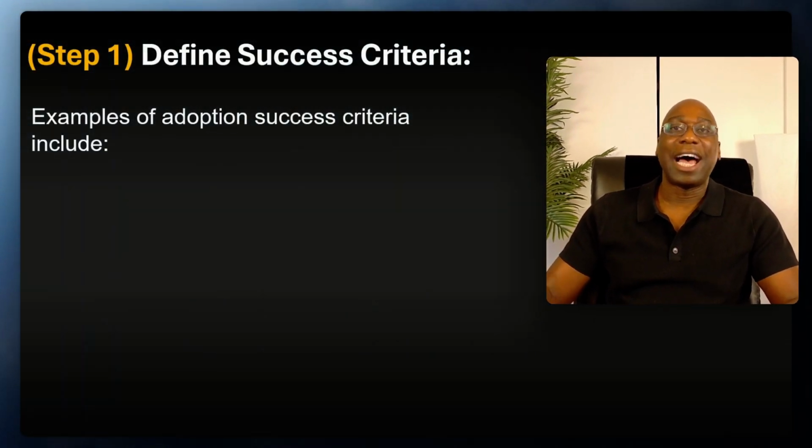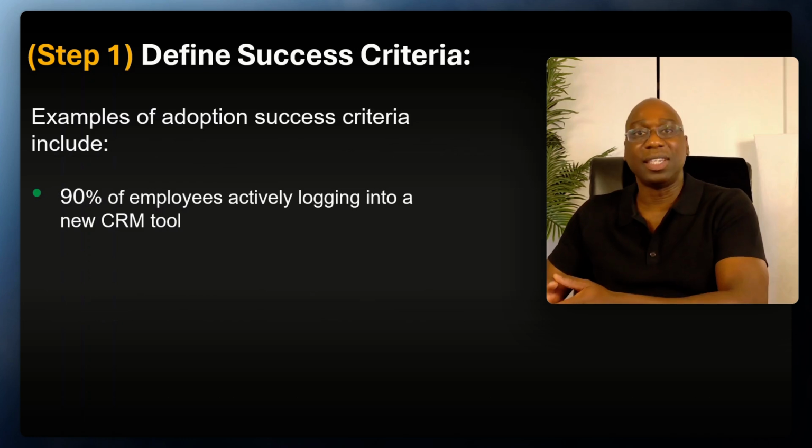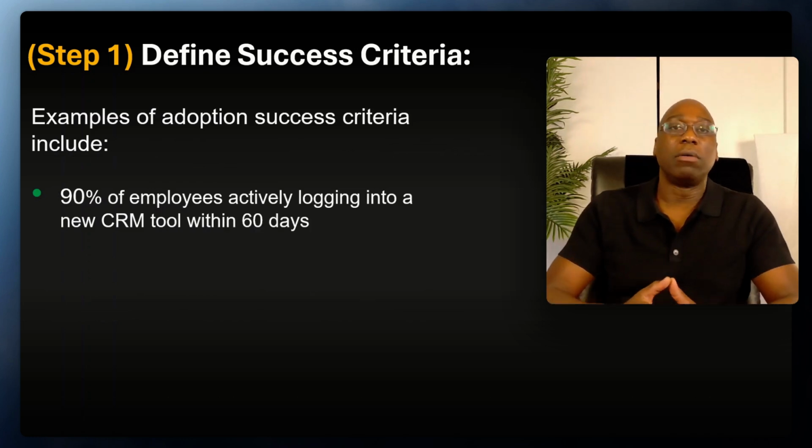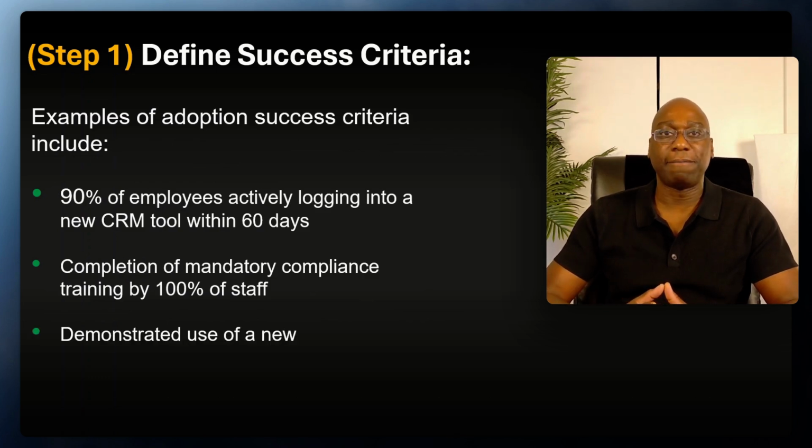Examples of success criteria include things like 90% of employees are actively logging into a new CRM within 60 days, or completion of mandatory compliance training by 100% of staff.